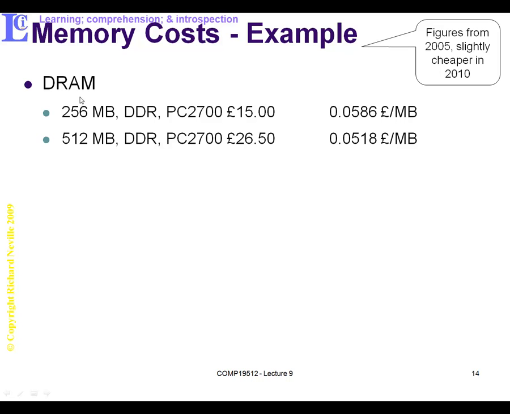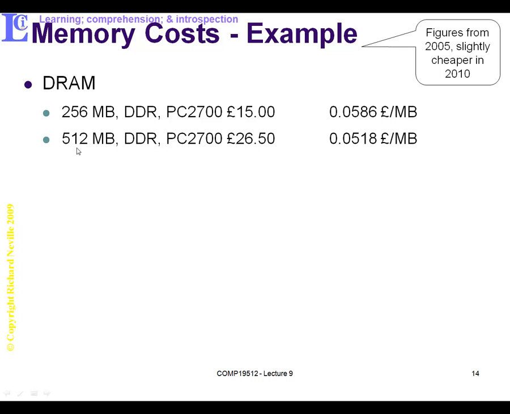So we looked at these figures for particular memories, and we saw for 256 megabyte DDR-RAMs with a particular coding it was £15. So if we divide this price by this, we get 0.0586 pounds per megabyte. So that's price per megabyte.